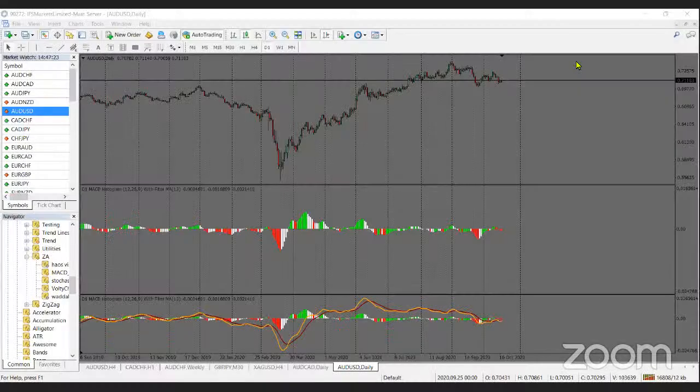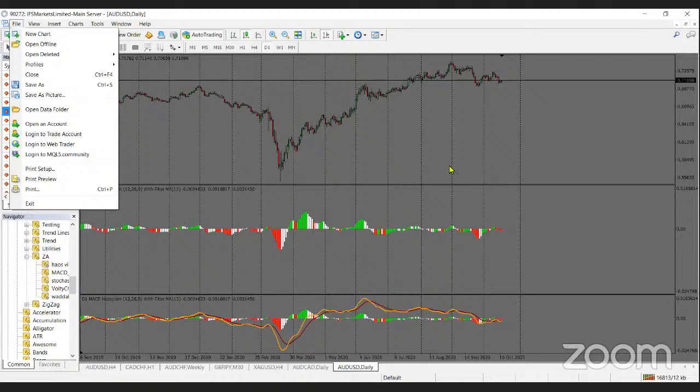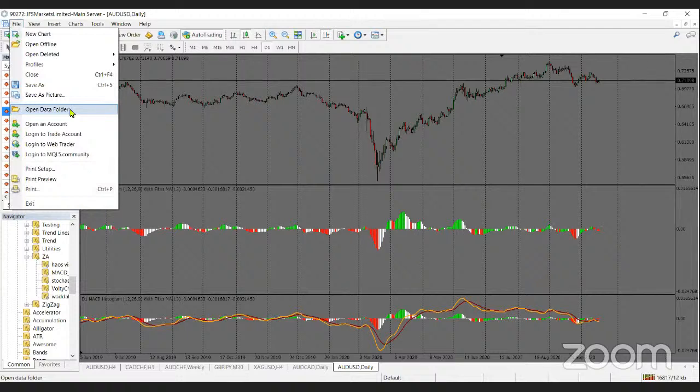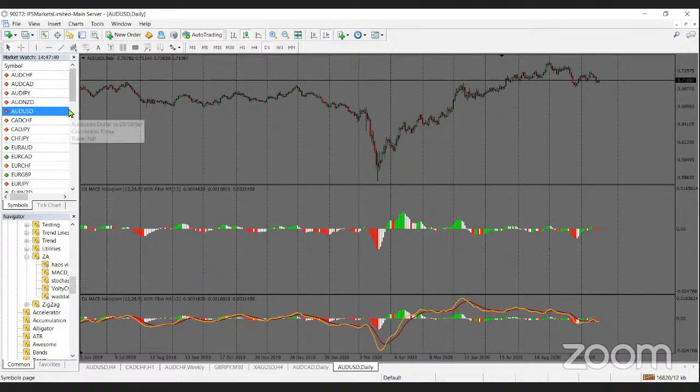Once you download the indicator, I don't think I've shared how to install indicators, so let me briefly go through it. Once you have downloaded the indicator into whichever folder, go to your platform, go to File, Open Data Folder, go to MQL4, and then Indicators.